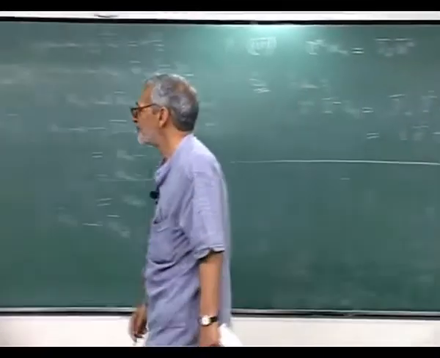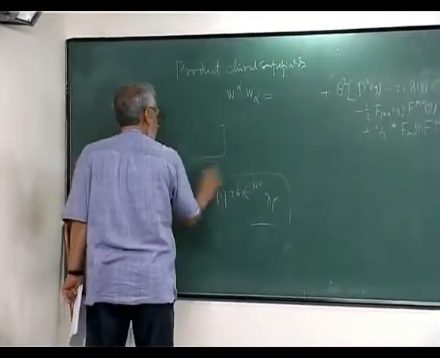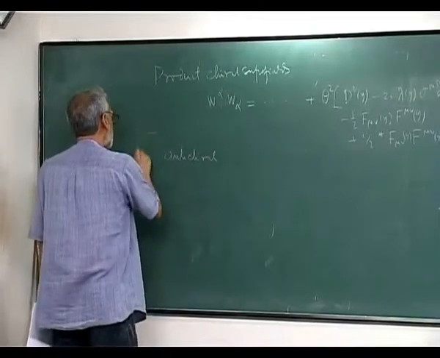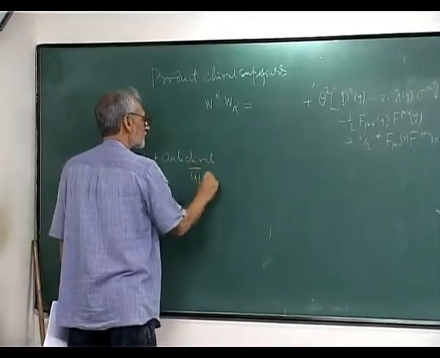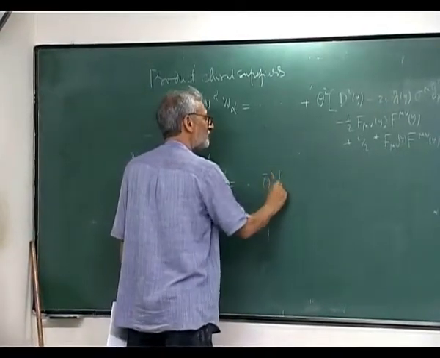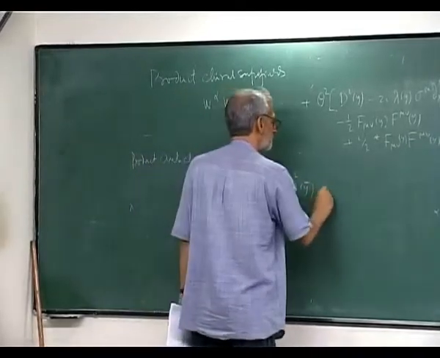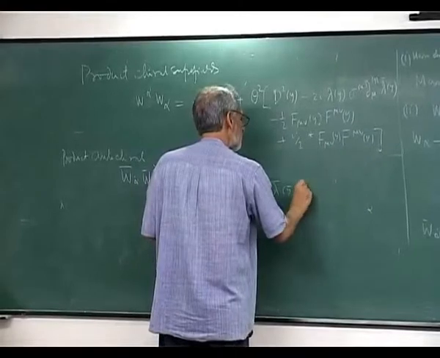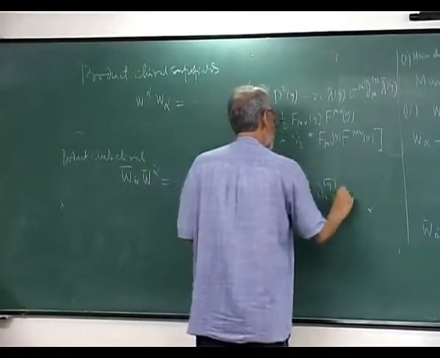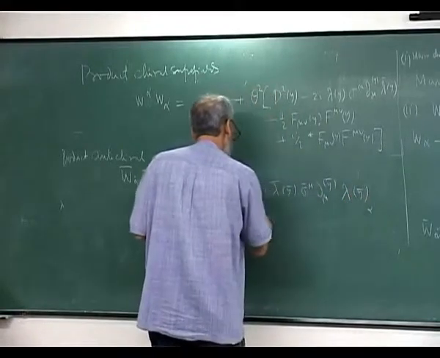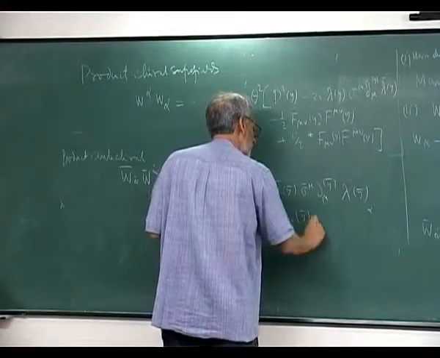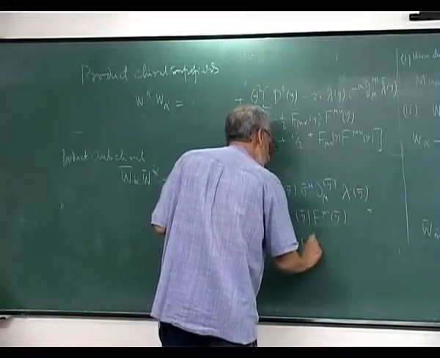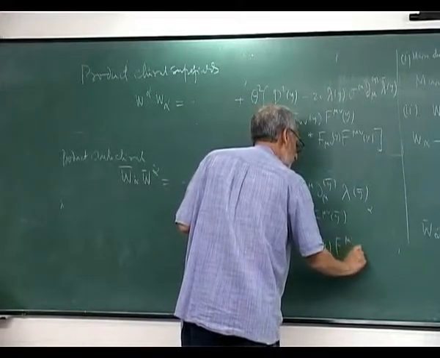Similarly, for the anti-chiral fields, anti-chiral product bar: twice I lambda bar y bar sigma mu d mu y bar lambda y bar plus half f mu nu y bar f mu nu y bar minus I by 2 star f mu nu y bar f mu nu y bar.